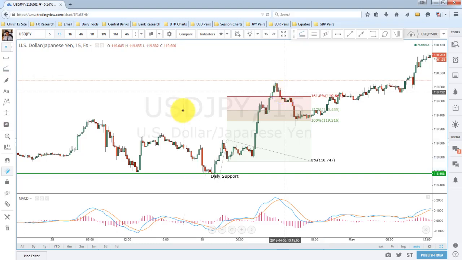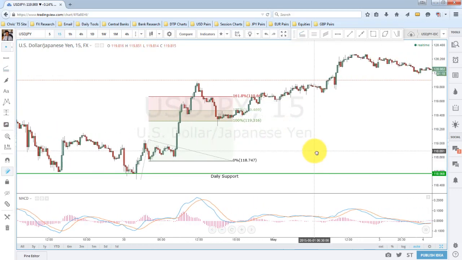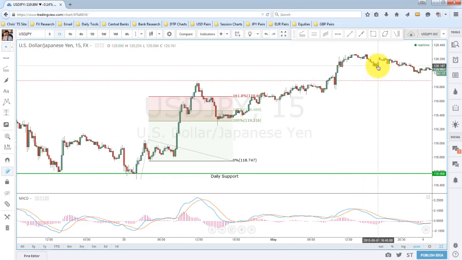Then obviously we would manage the trade as price started to move in our direction. We would use key swing points. Once price started to rally, if we're looking at a daily support or a daily pattern and we drill down to the 15-minute, we could probably use an hourly setup like this.